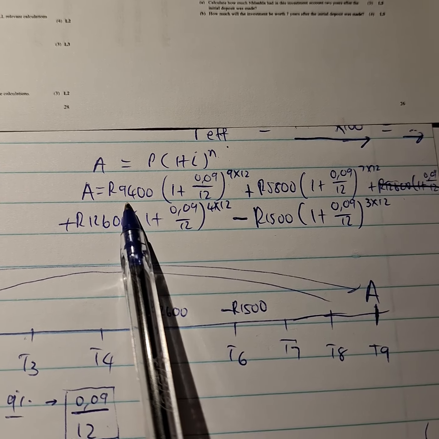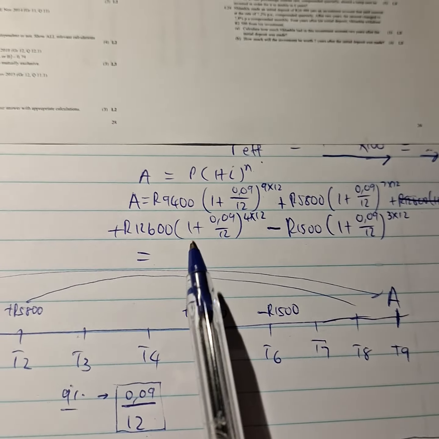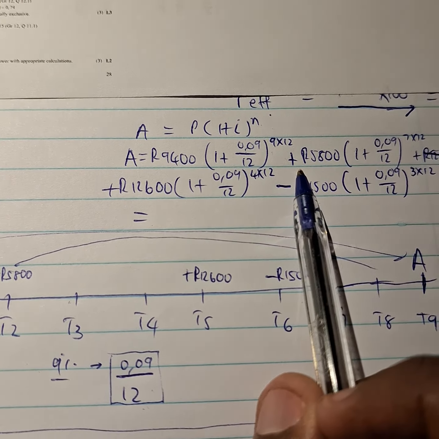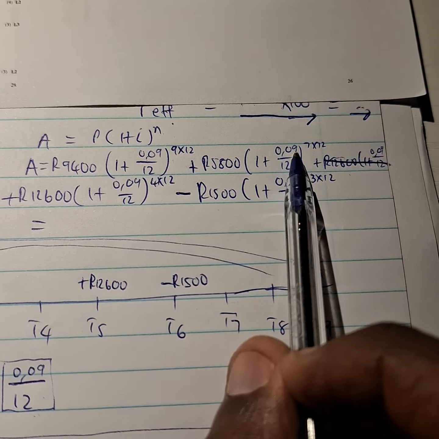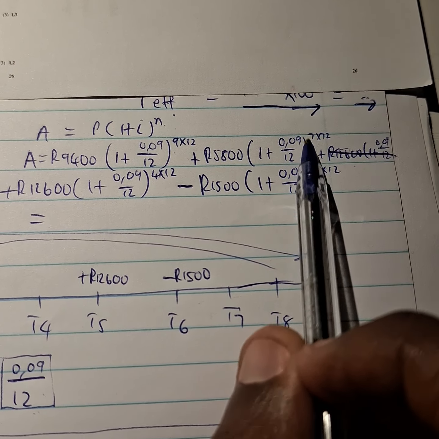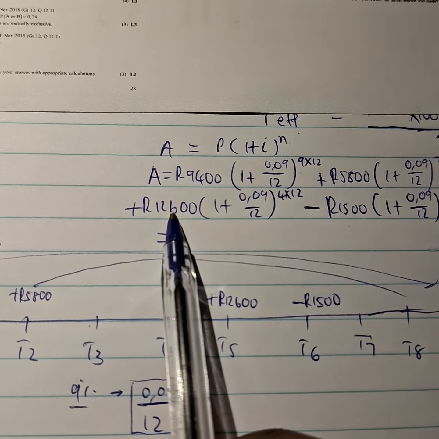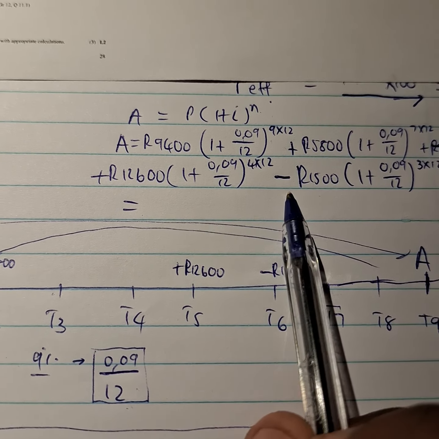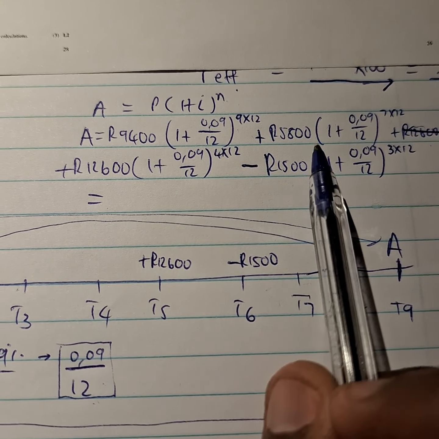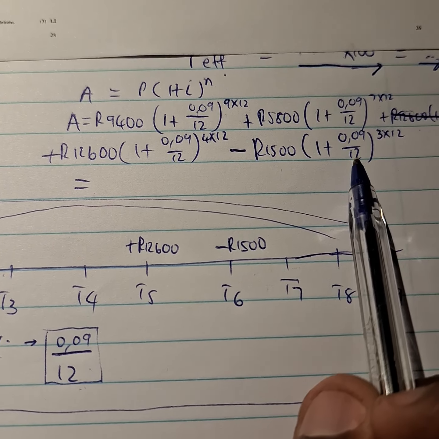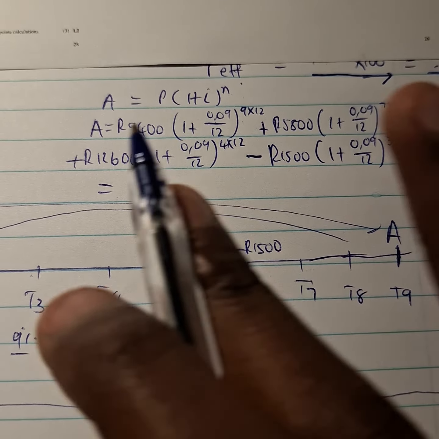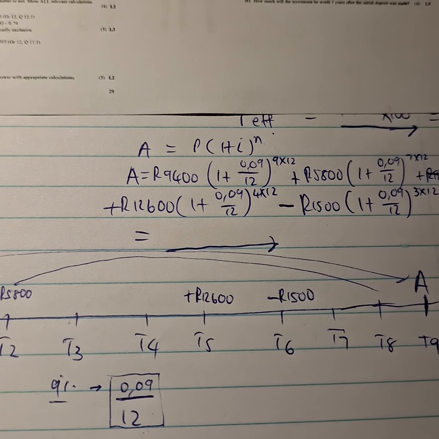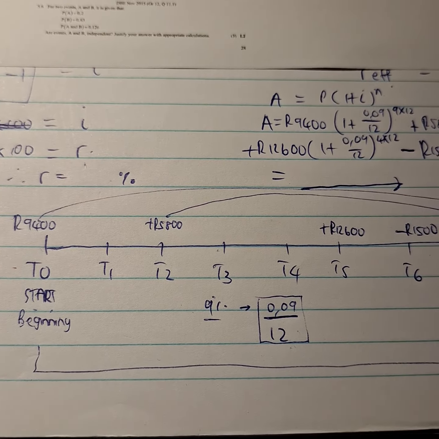So all you do is take all of this and put it into your calculator. 9,400 times 1 plus 0.09 over 12 to the power 9 times 12, plus 5,800 times 1 plus 0.09 divided by 12 to the power 7 times 12, plus 12,600 times 1 plus 0.09 over 12 to the power 4 times 12, minus 1,500 times 1 plus 0.09 over 12 to the power 3 times 12. You punch all of this in your calculator, and then you just say equal, and you should get the answer. It should be straightforward.